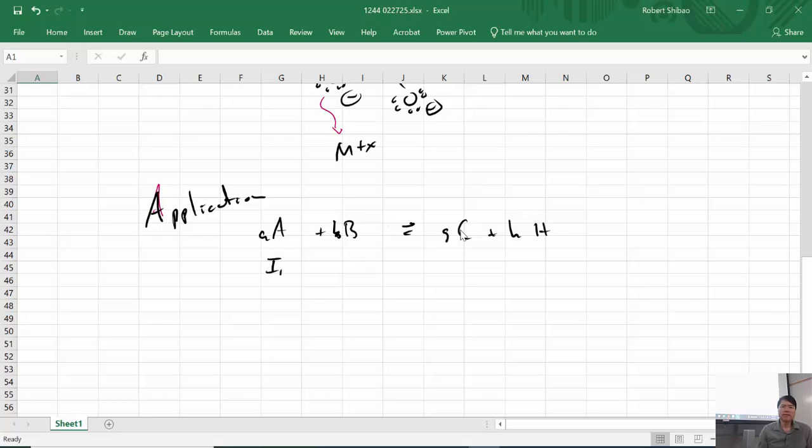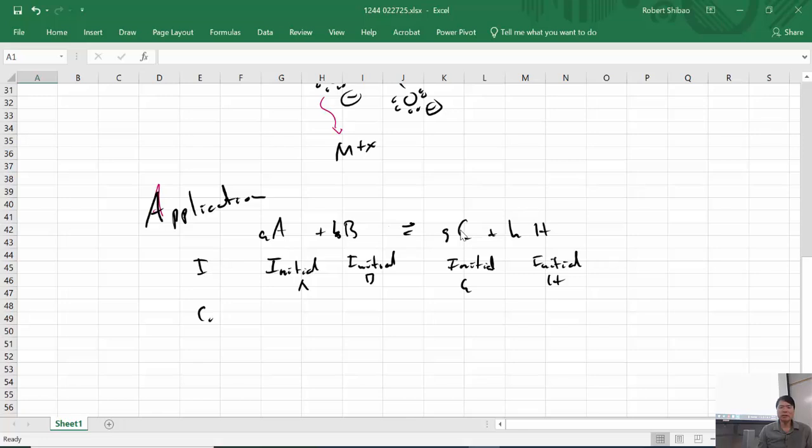And so we're going to have the initial A, initial B, initial G, initial H. And then there's going to be a change.